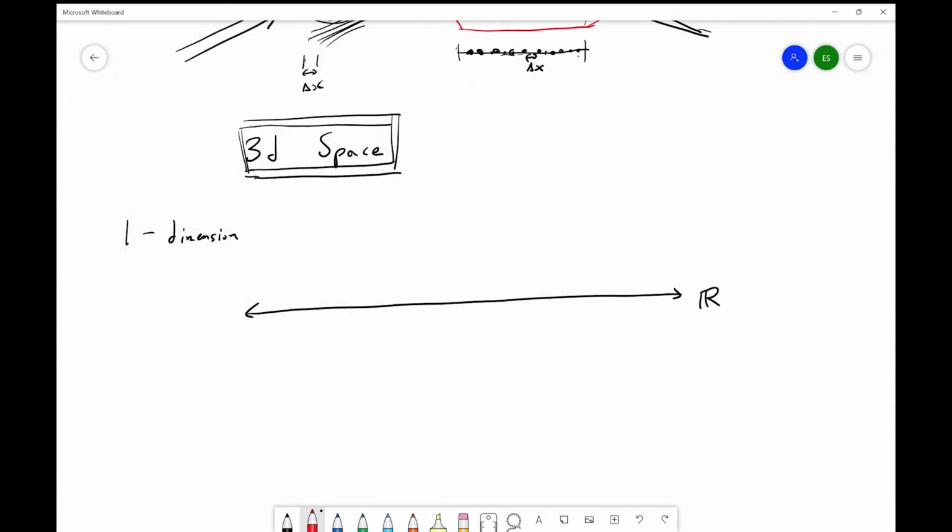Integration on the real line: you have a function on the real line, f of x, and at every point on the real line there's a value for that function. So this is x1, x2, x3, x4. Let me start from x0, and then x5, and so on until you get x_{n-1} and then x_n.